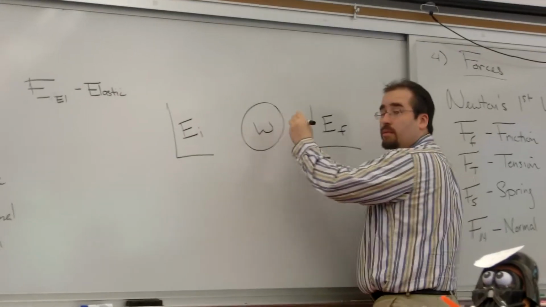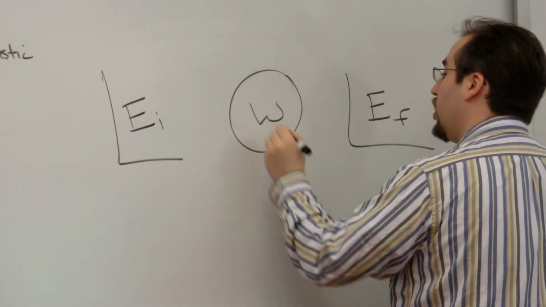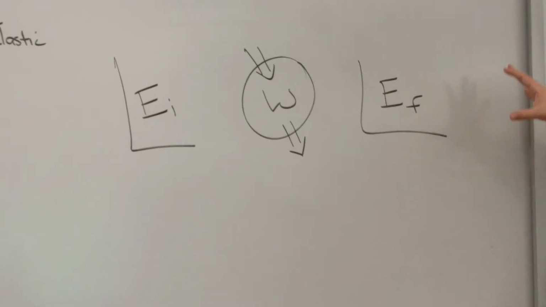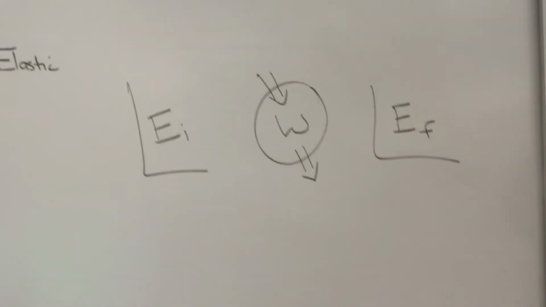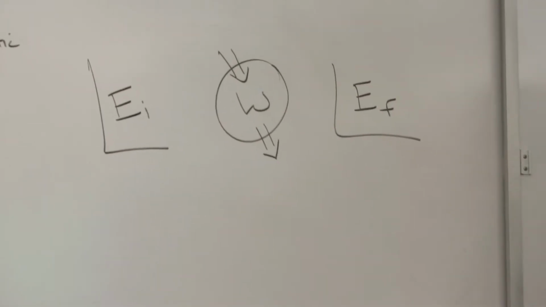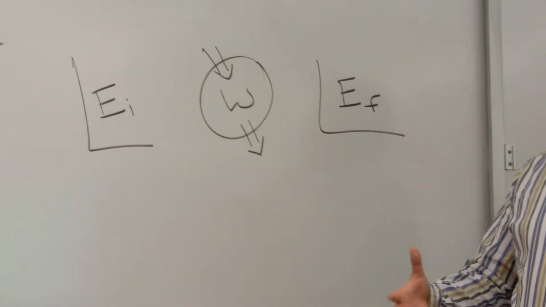We called that work. Work was energy going in or out of our system. What were we using to sort out if we had done them correctly or not? It has to be equal. What goes in and what goes out? What was the guiding principle?